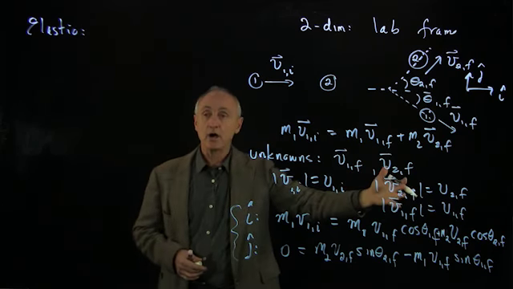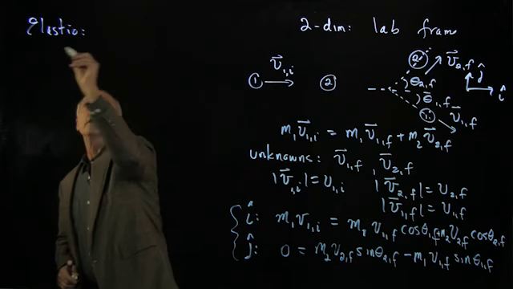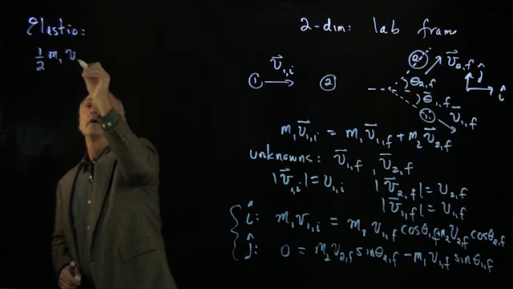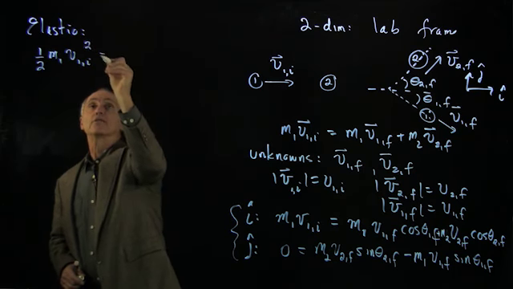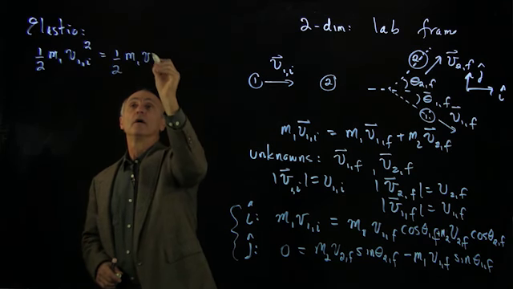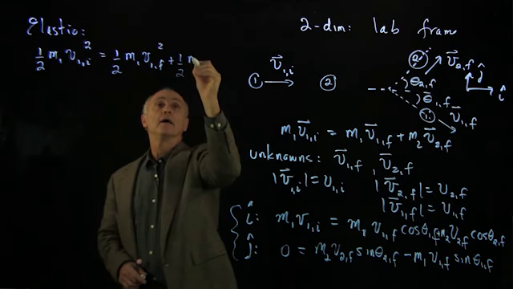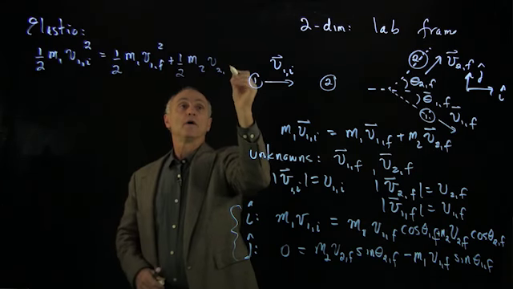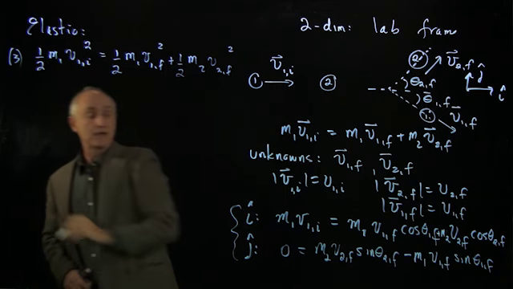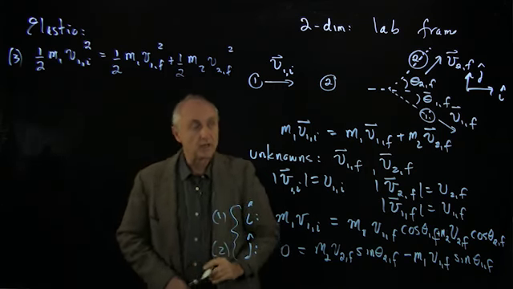We've been describing our velocity vectors in terms of magnitudes, so we can write our elastic energy condition as the incoming kinetic energy, 1/2 m1 v1 initial squared, is equal to 1/2 m1 v1 final squared plus 1/2 m2 v2 final squared. And that is our kinetic energy condition. Let's label these equation 1 and equation 2.